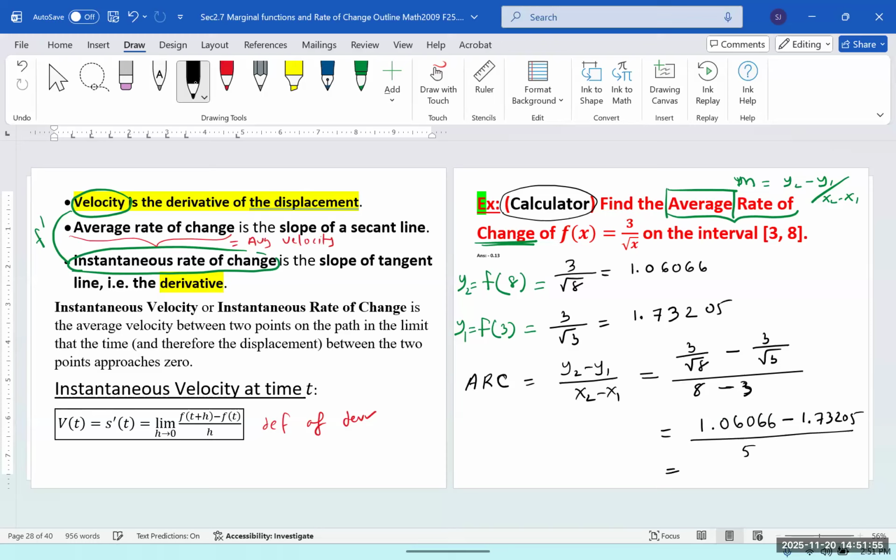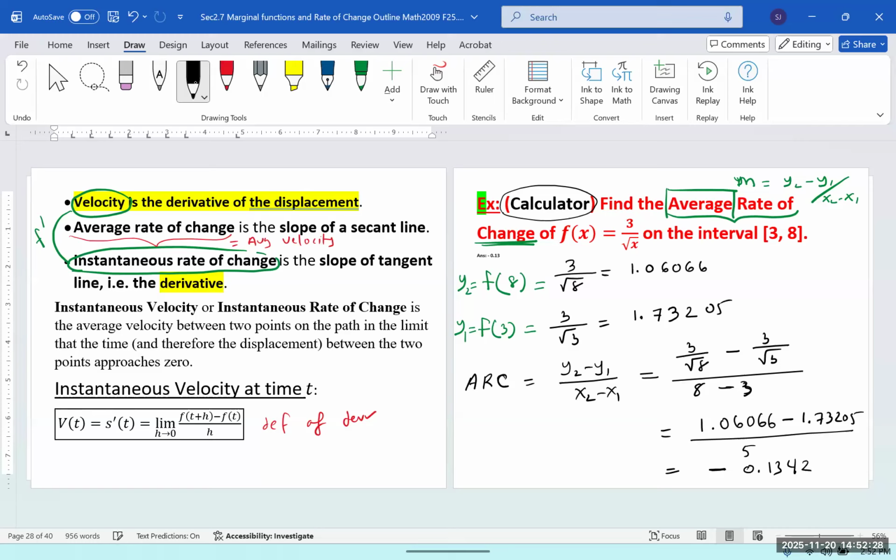So you subtract and you get the result. It will be negative something. 0.134. 0.134.